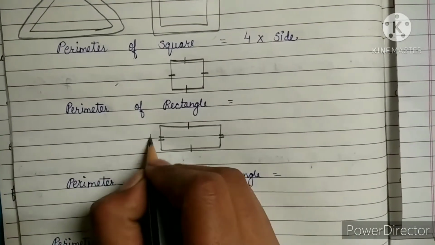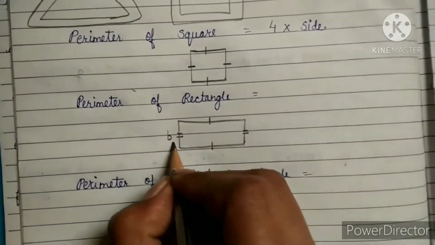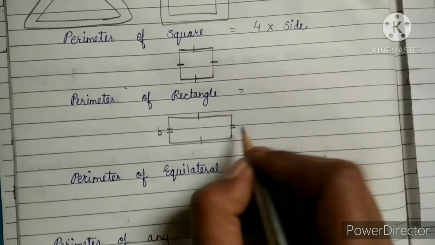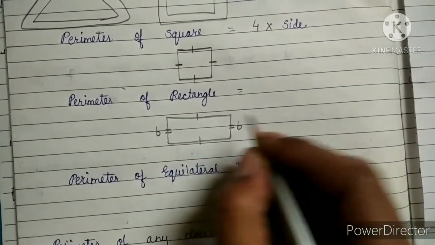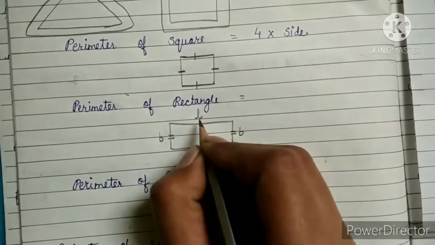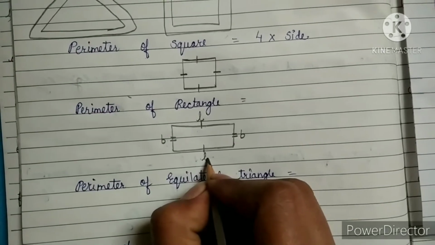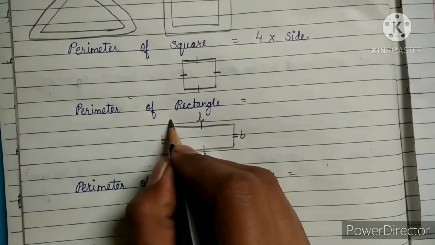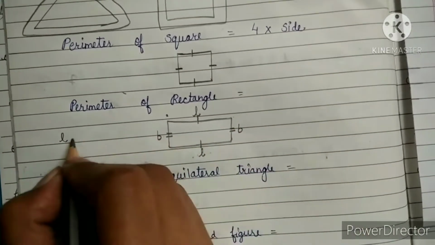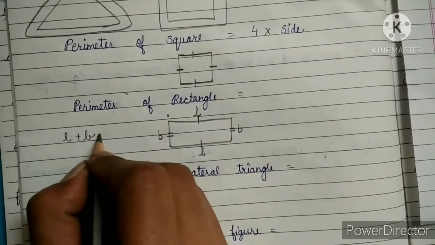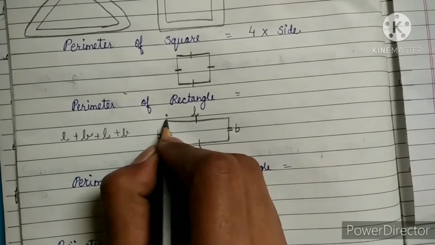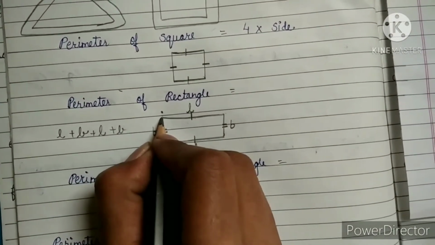This is the breadth of the rectangle, denoted by B, so its opposite side is also B. This is the length of the rectangle, denoted by L, so the opposite side is also L. If we start moving from this point, we get L, then B, then L, then B, and we reach the first point again.